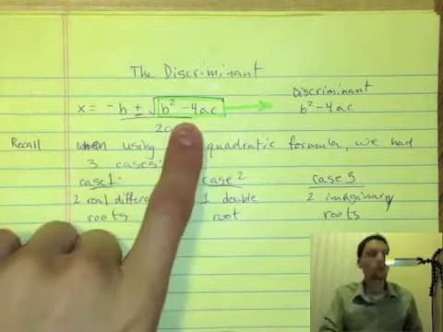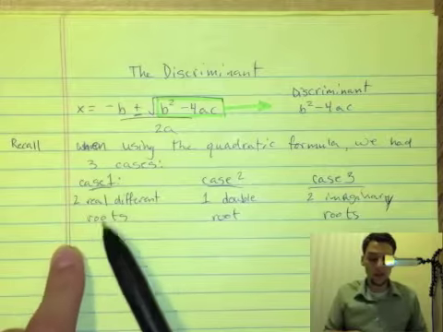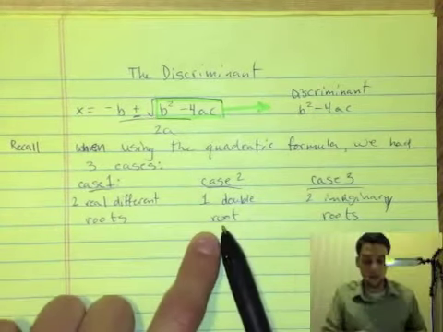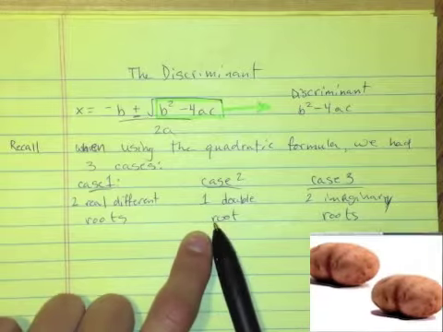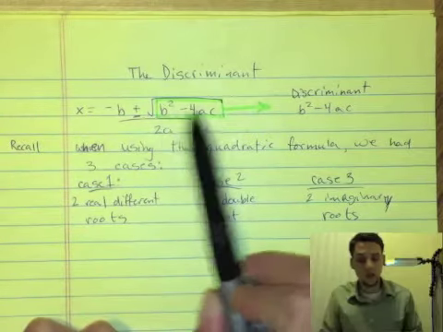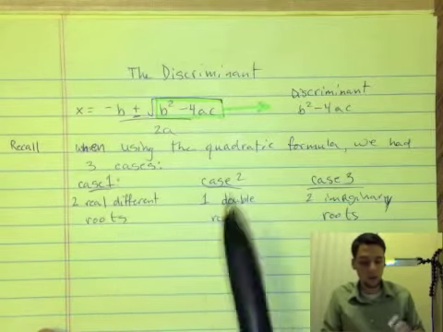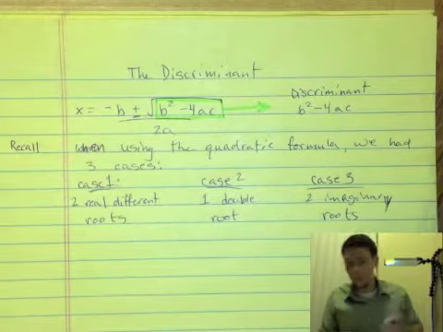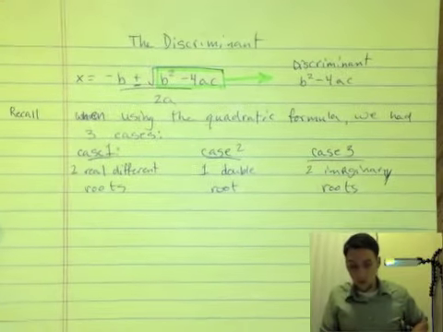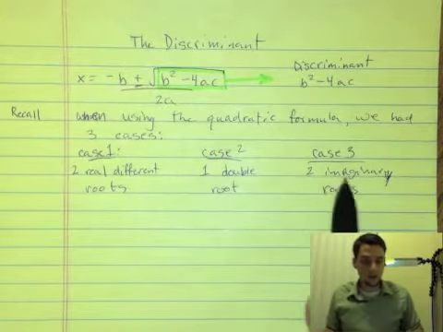So the discriminant is something that'll help us to decide whether it's case one, two real different roots, or case two, one double root, or case three, two imaginary roots. If we find the discriminant, then we'll be able to say, oh, case one, case two, or case three. That's the point of this section. So when does the discriminant tell us this?